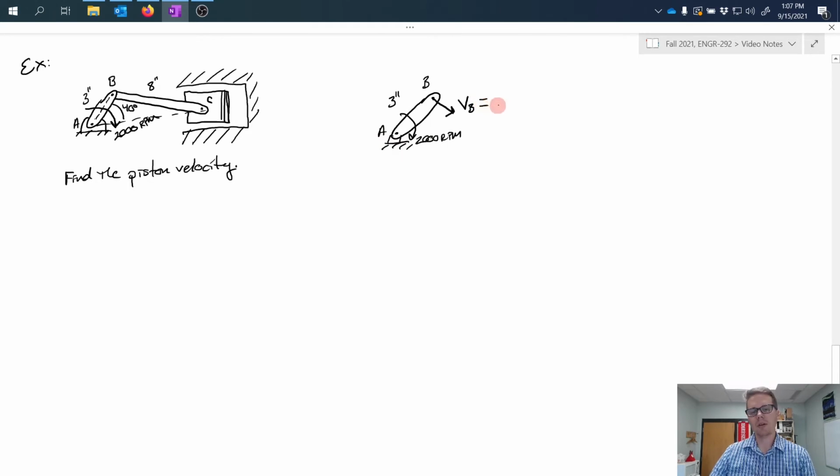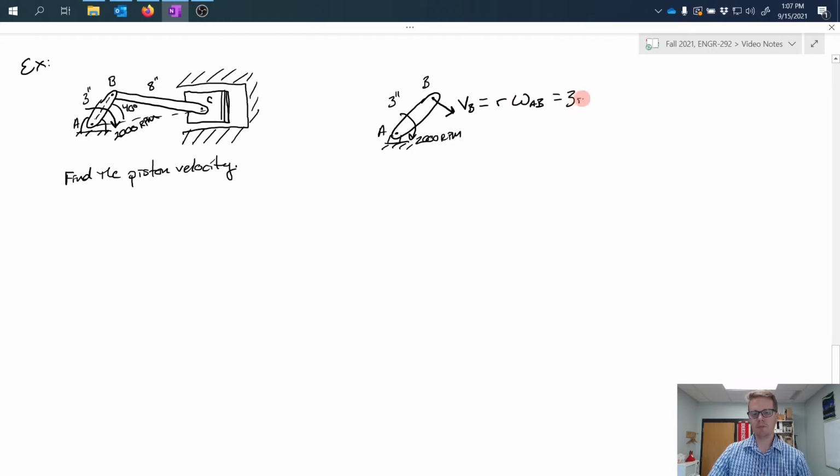So I can use my equation for fixed axis rotation systems, which says that the linear velocity of any point on that rigid body is equal to the length, or the arm between the center of rotation and the point I'm talking about, multiplied by the angular velocity.